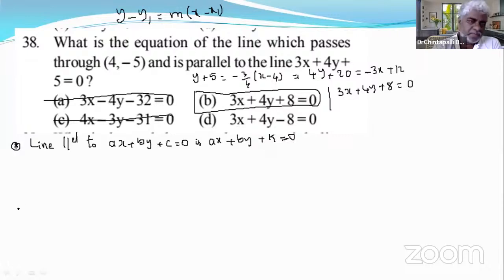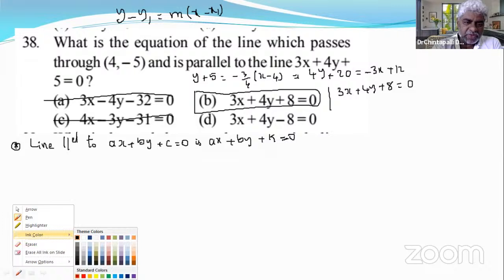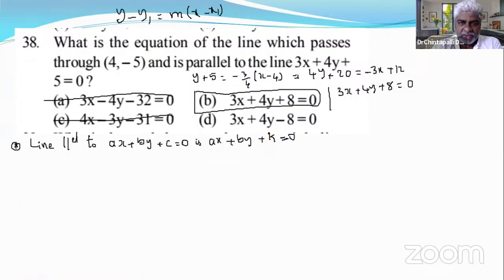This is a simple method. The equation of a line parallel to a given line can be taken this way. The given line is 3x plus 4y plus 5 is equal to 0. The required line is 3x plus 4y plus 8 is equal to 0.